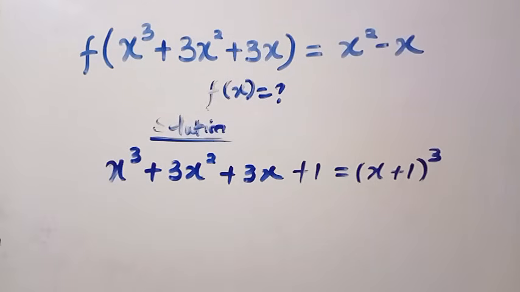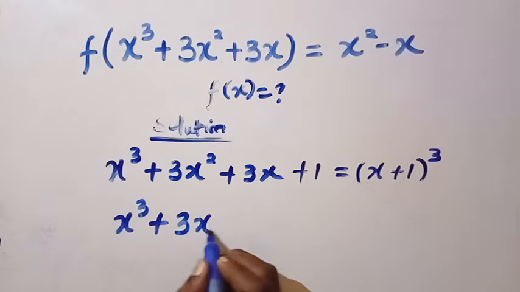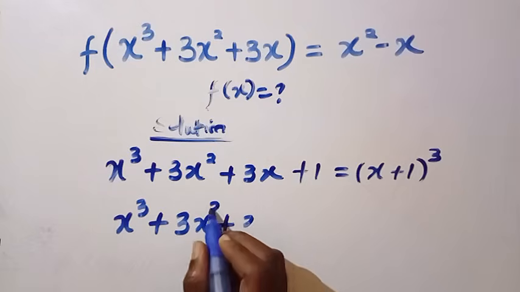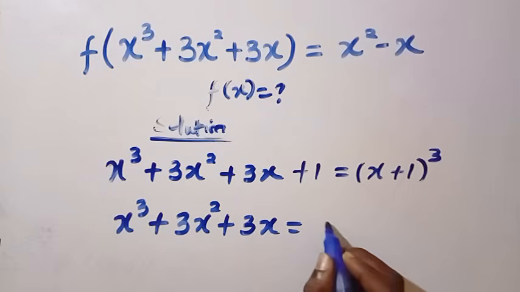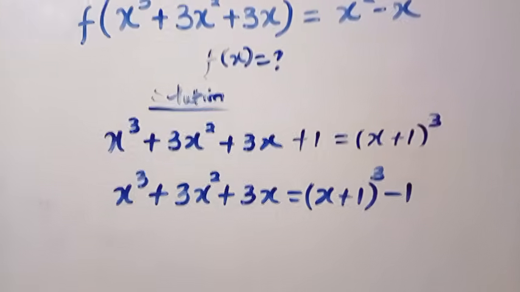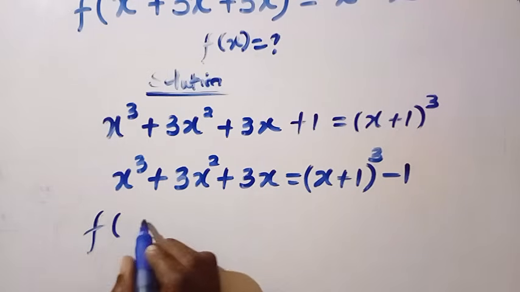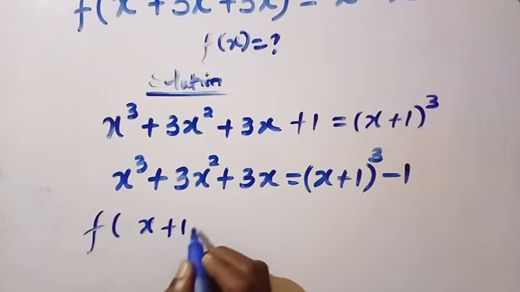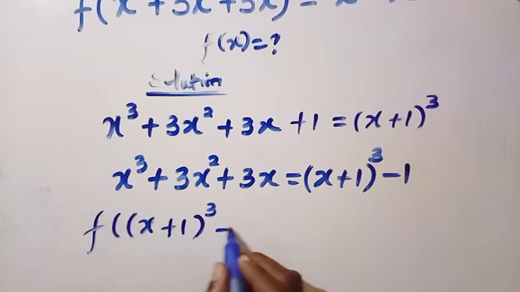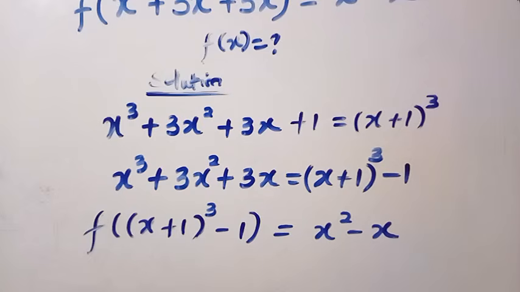So we can write x cubed plus 3x squared plus 3x equals (x plus 1) cubed minus 1. Then we substitute this back: f of ((x plus 1) cubed minus 1) equals x squared minus x.